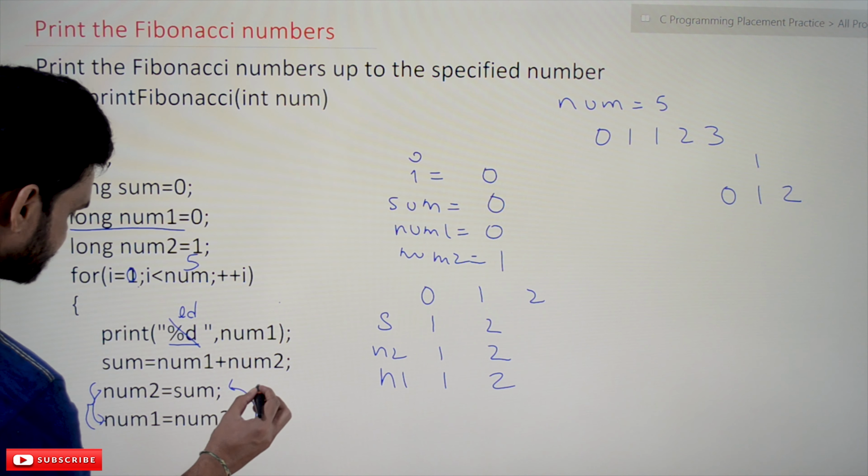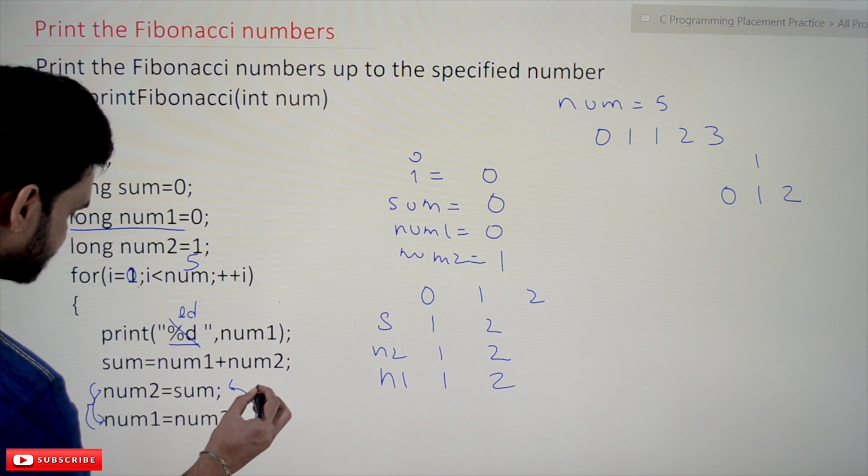Now these lines have been changed: num1 is equal to num2 means it is 1, and n2 is equal to sum means it is 1.